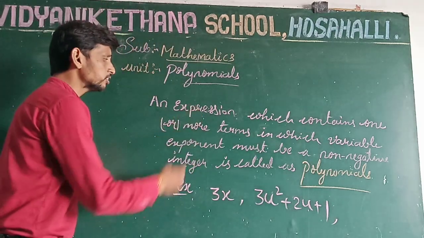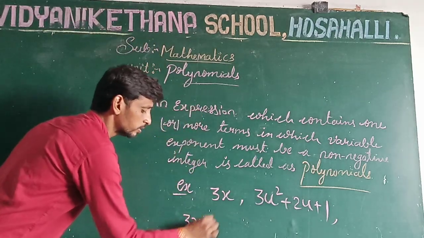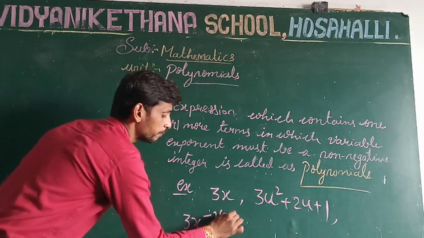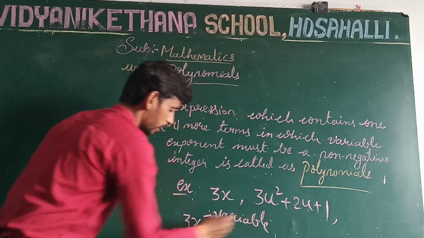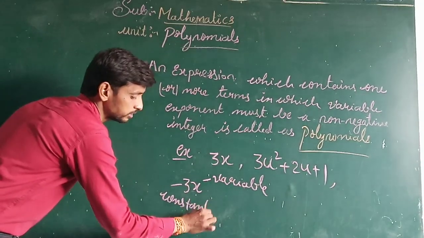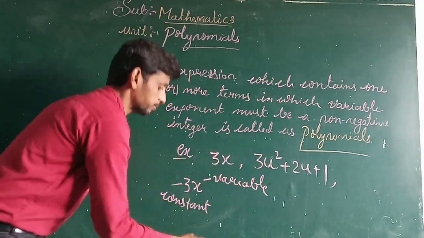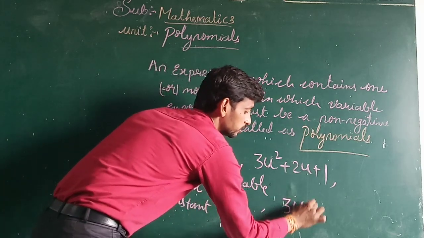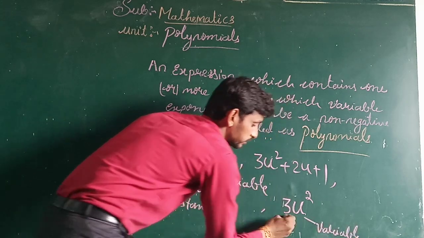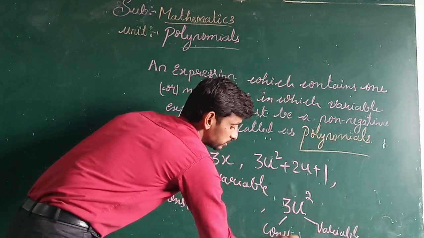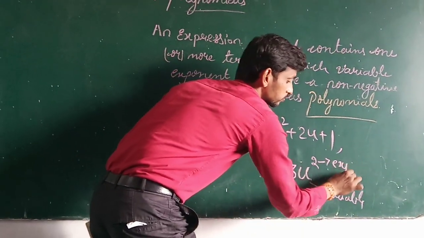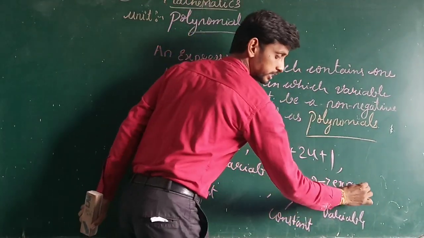So an expression which combines a variable and constant. Another example, take 3u square. u is the variable, 3 is a constant, and 2 is an exponent.